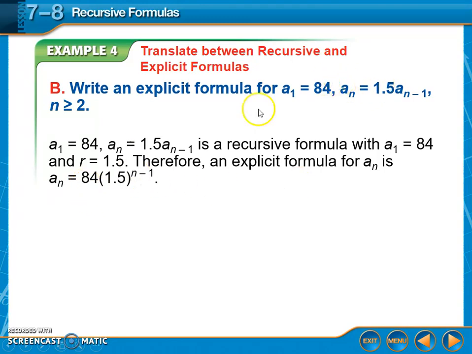So our a of 1 is here. Our rate is 1.5. This number in front here, if this was a recursive formula, is the r. So our r is going to be the same as in our explicit formula that we learned in the previous section. And then it's n minus 1. And that gives us a of n. And that's the answer.